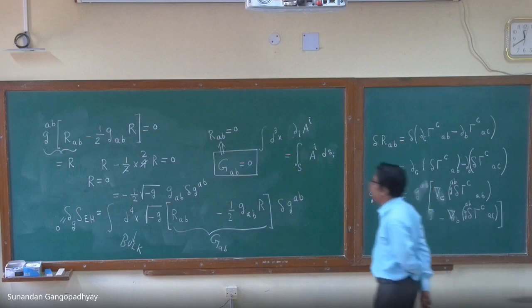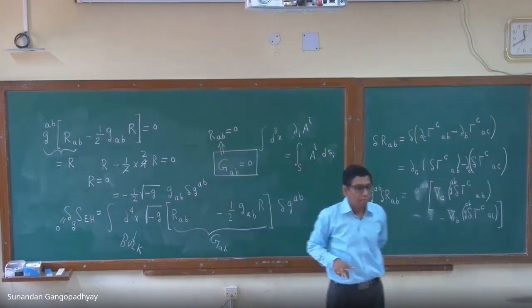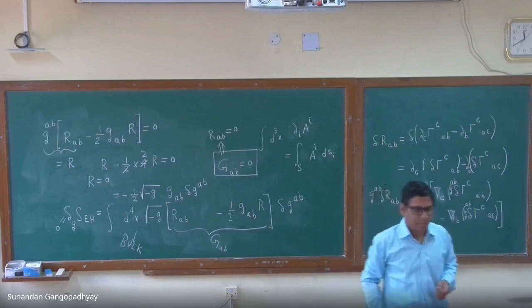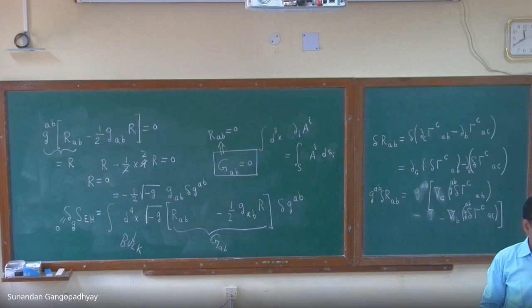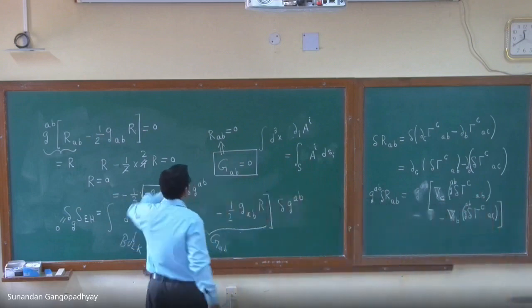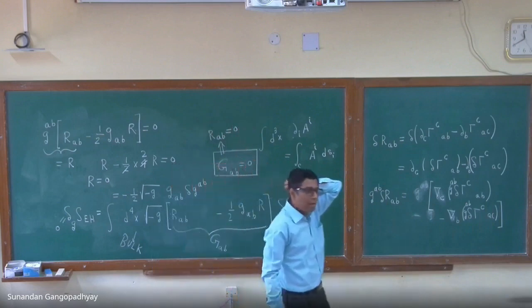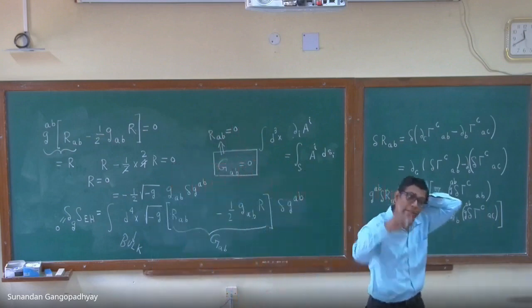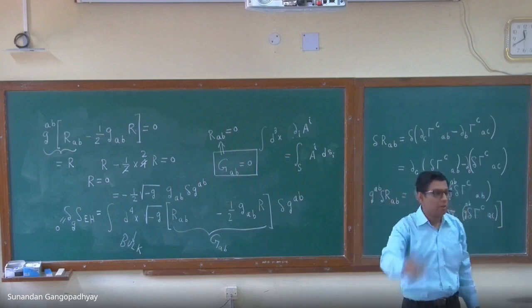By the way, how many equations do you need to solve? How many components does R_AB have? It is symmetric, so how many? 10. We have to solve 10 differential equations. R_AB means derivatives of gamma, and gamma is a derivative of g, so these are basically second derivatives of the metric tensor.